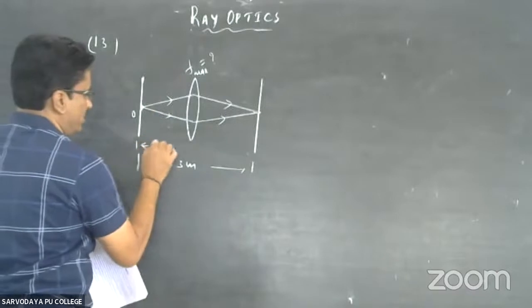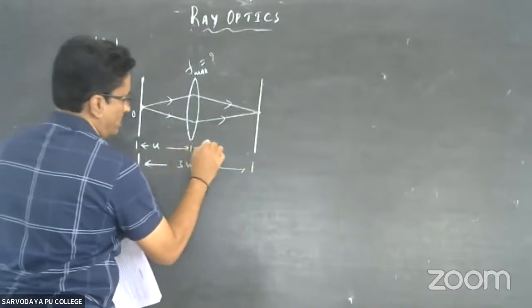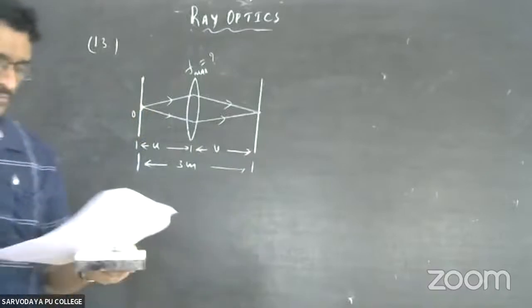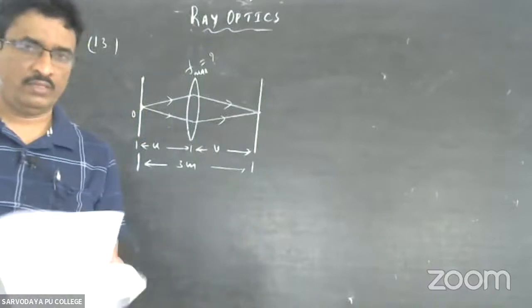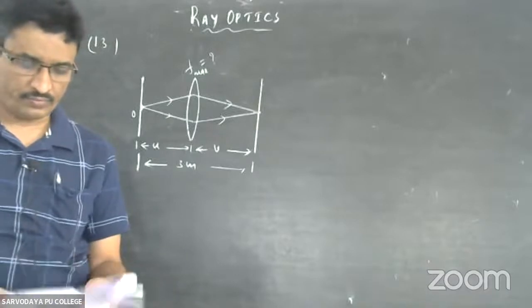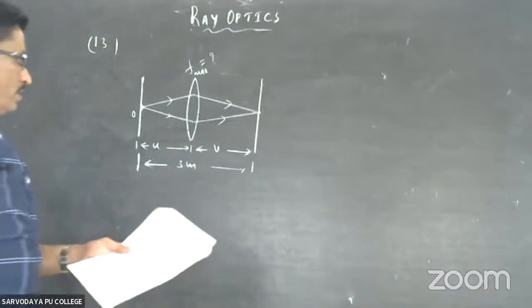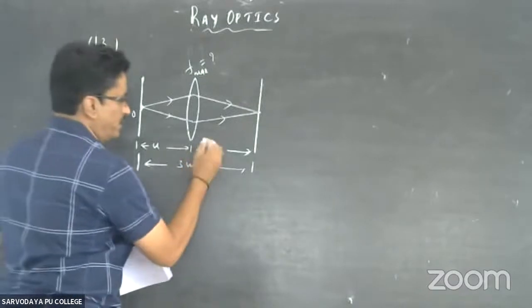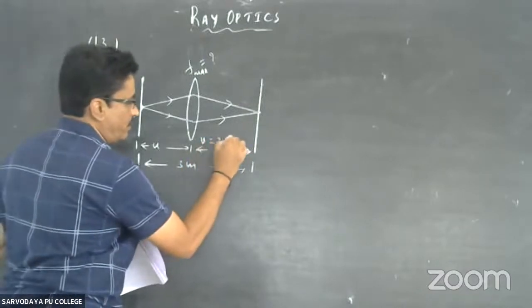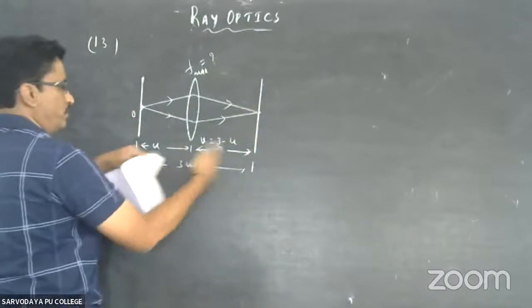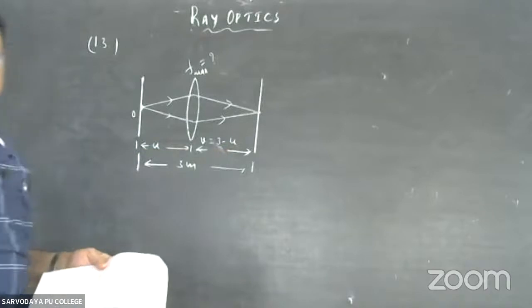This distance is u. This distance is v. Once you observe the diagram, it is clear that v becomes equal to 3 minus u. Because this is 3, this is u, therefore v is 3 minus u.